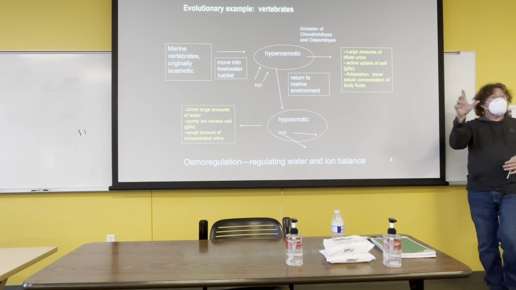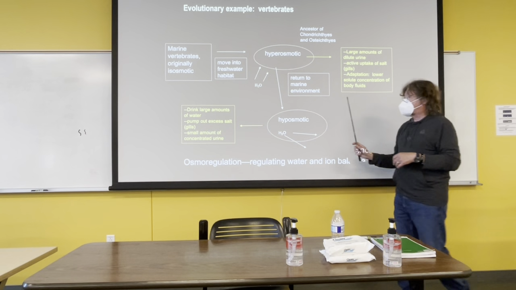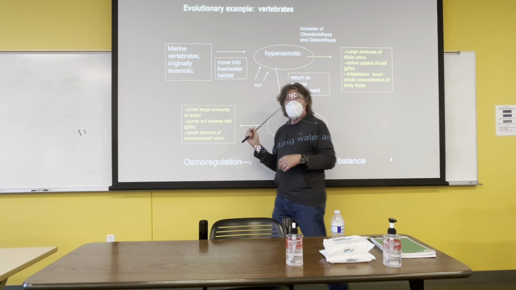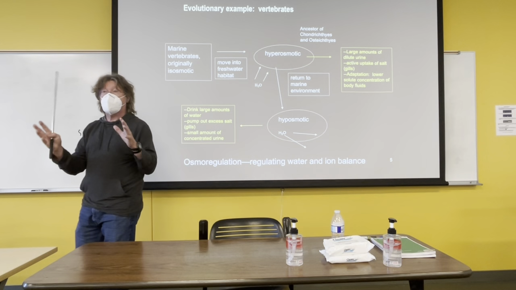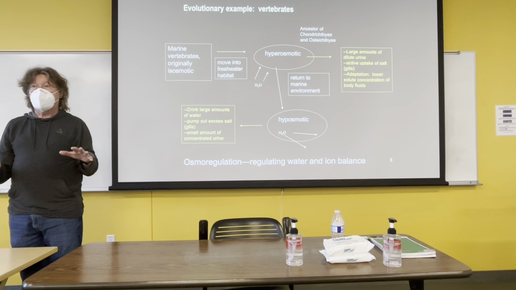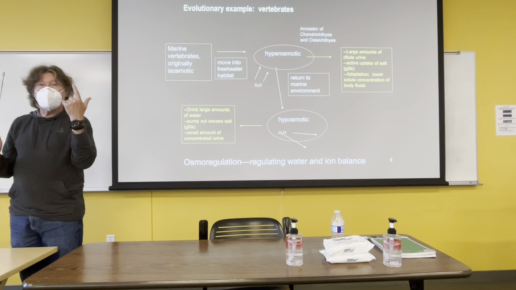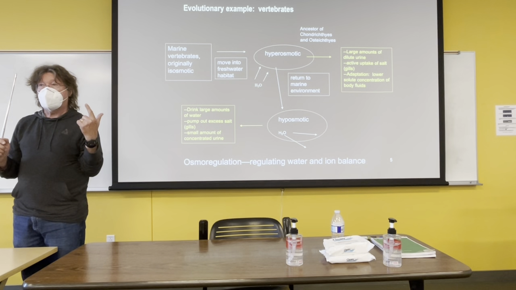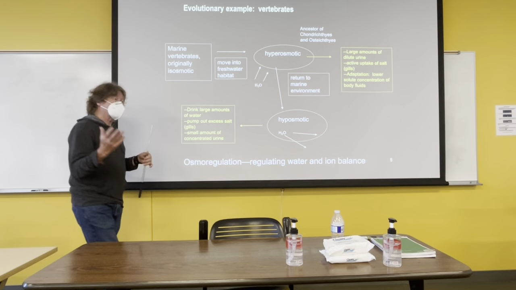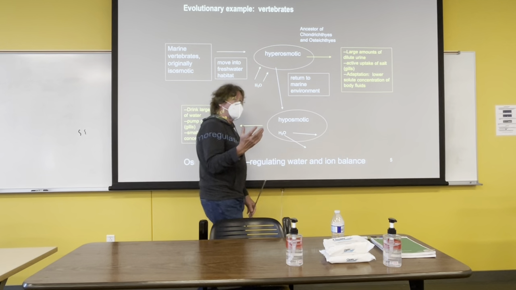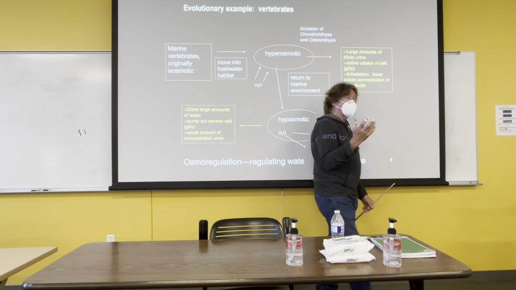Now, let's talk about sharks. Sharks are isosmotic, but yet their solute concentrations when it comes to mineral salts is lower than the marine water. What trick do they use to be isosmotic? They have evolved a system that they can tolerate high levels of urea.